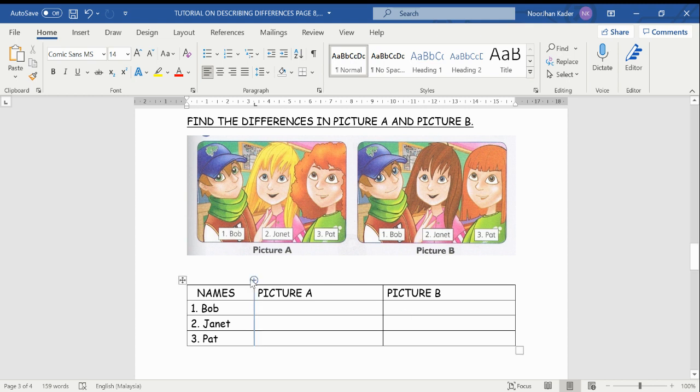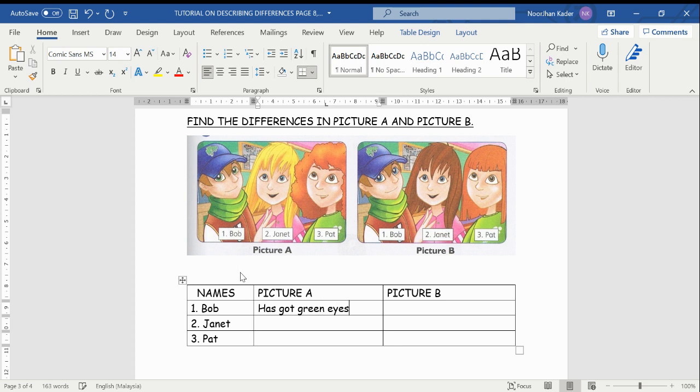So now Bob, we already know that Bob has got green eyes. But in picture B, Bob hasn't. So this is how we write the differences.